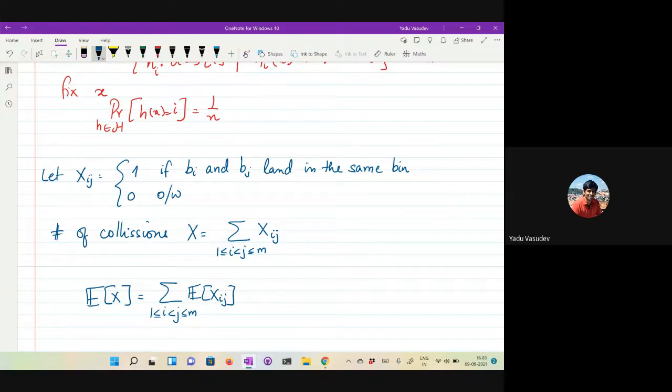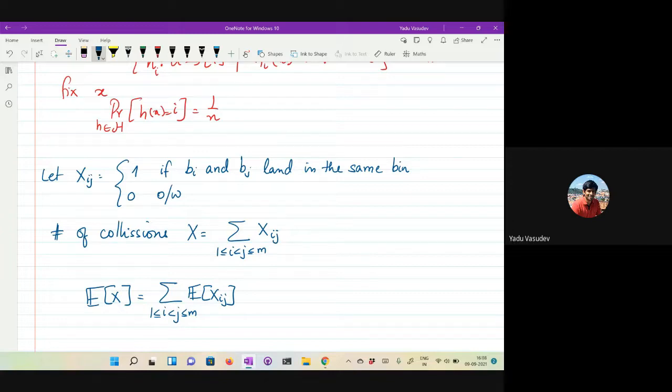What is the expectation of xij? If you're using a two universal hash family or a pairwise independent hash family, it is at most 1 over n.